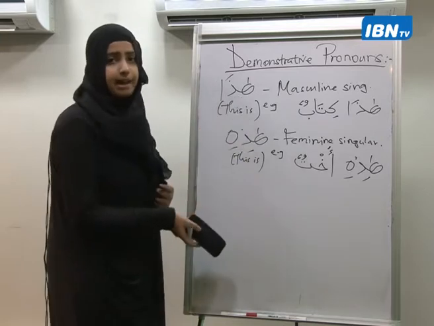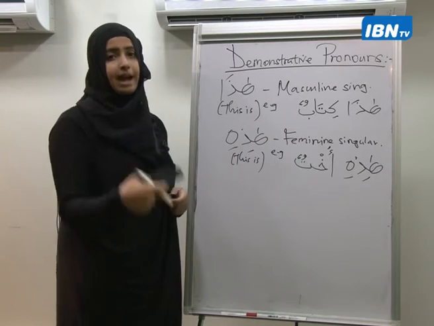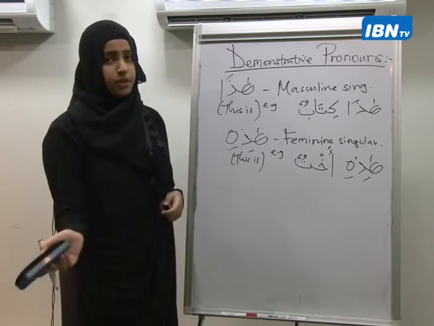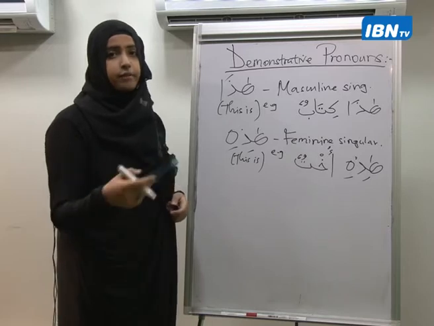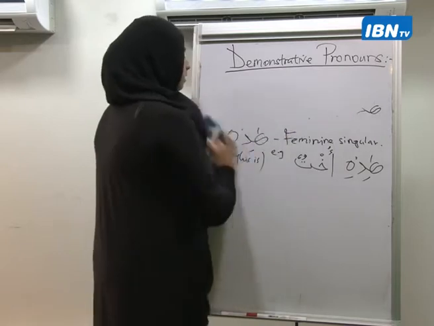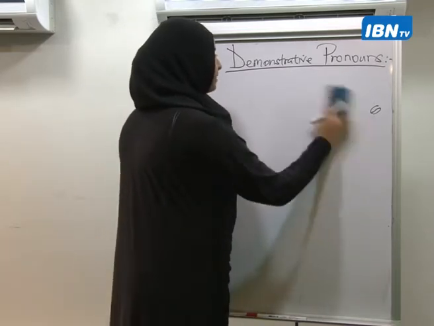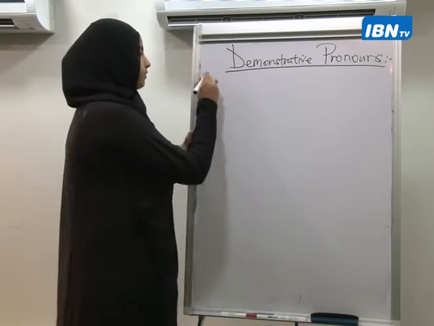Hadha for masculine, hadhihi for feminine. Since in the previous session we had discussed how to change nouns from singular to dual, today we will be discussing the demonstrative pronouns used for duals.